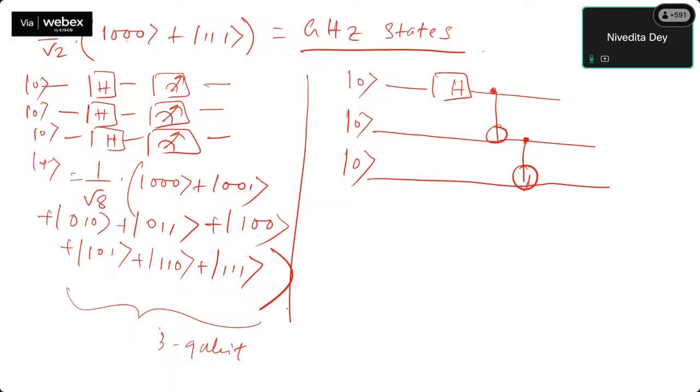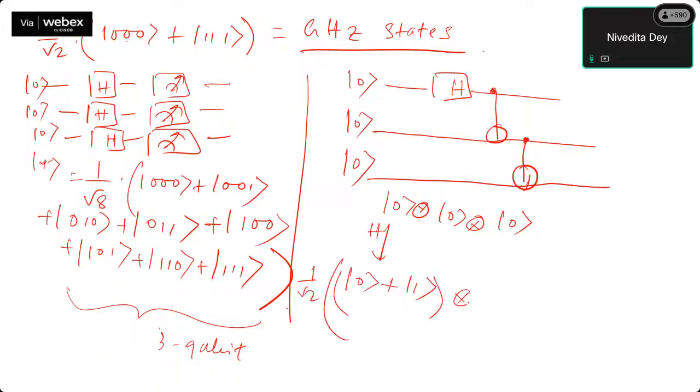Now let us assume how it looks. Initially it is all 0, 0, 0. Then I've applied Hadamard on the first qubit. That means it will become 0 plus 1, 1 by root 2 outside, times 0 and 0.